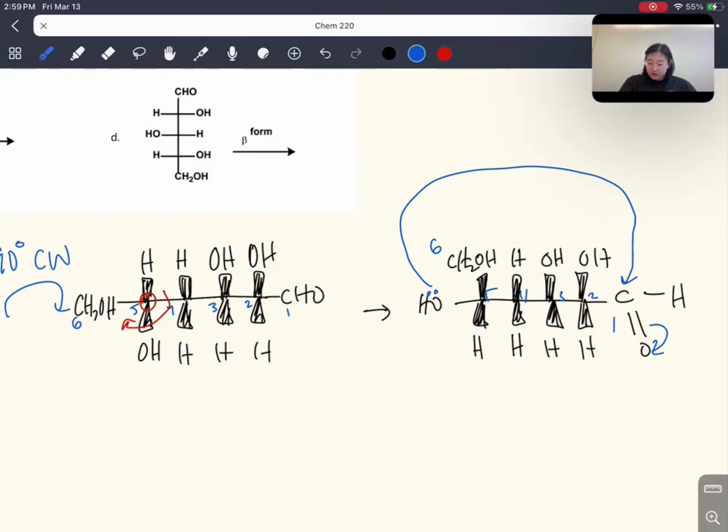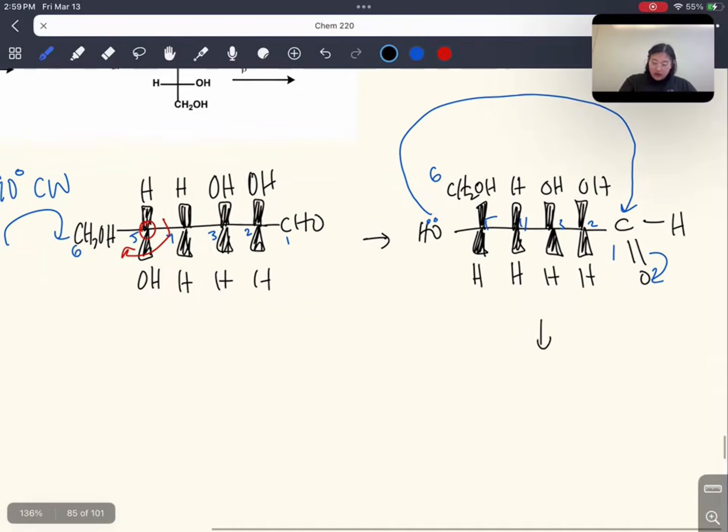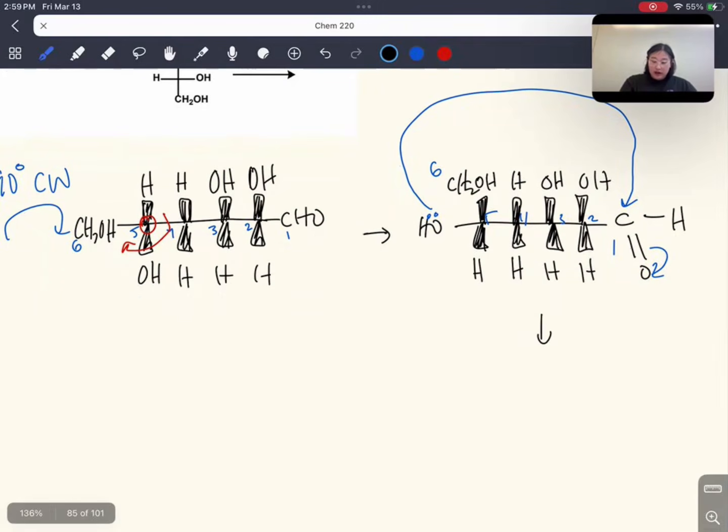And so when we do this, now we get our cyclic form. And because there's five carbons in the main chain plus an oxygen, that's six atoms in our cycle. So that means we're going to have a hexagon structure. So I'm going to draw it like this.